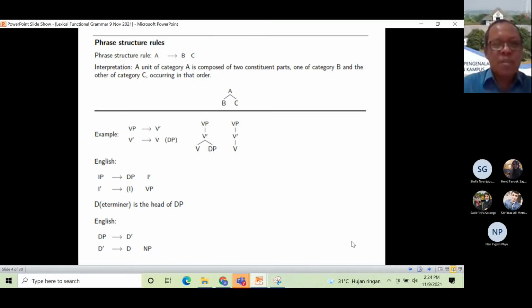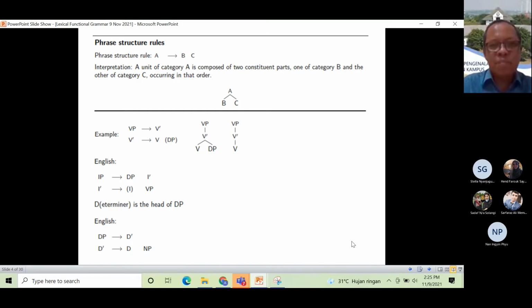For example, the rule A goes to B and C. The interpretation of this rule is that a unit of category A is composed of two constituents, category B and category C. So by using this phrase structure rule, you have A branches to B and C. Whenever you have constituent structure, you can complete the structure using phrase structure rules.